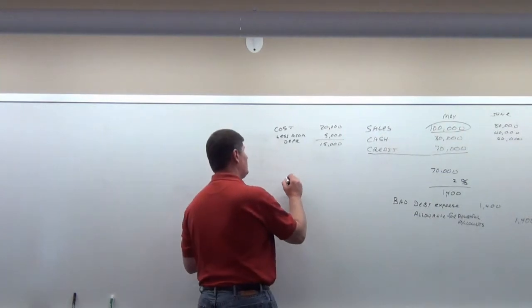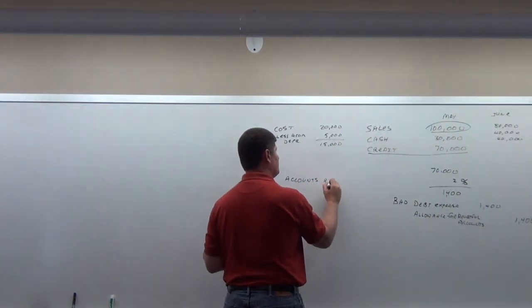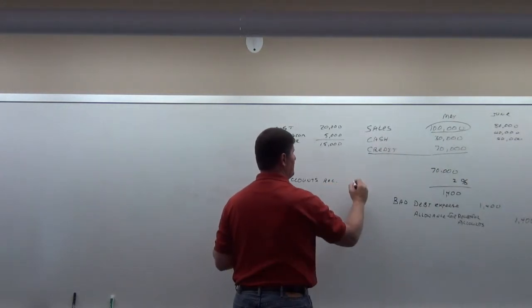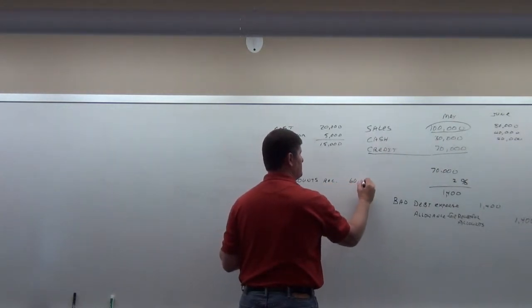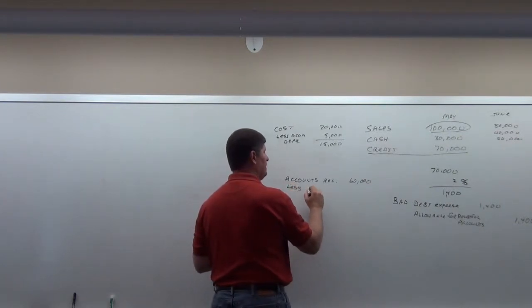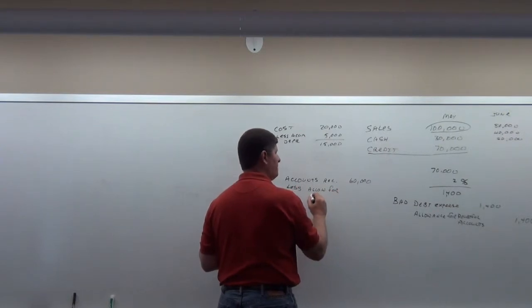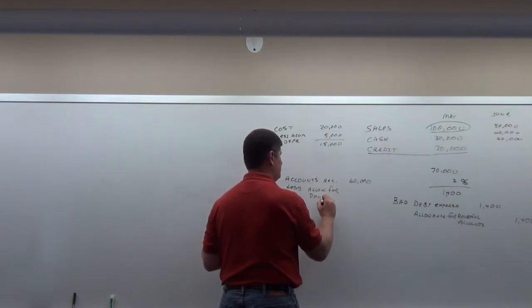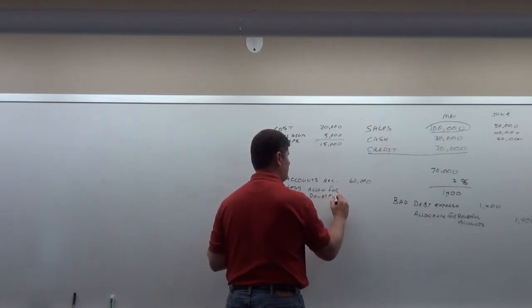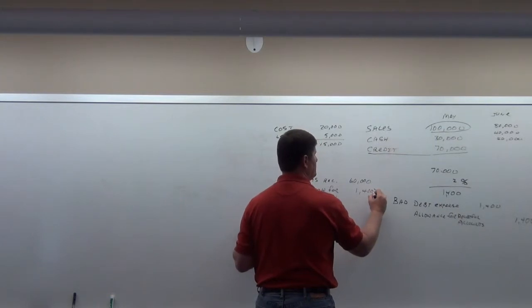You've got this asset called accounts receivable, and let's say it's $60,000, and you've got less allowance for doubtful accounts. In this case, it's $1,400.